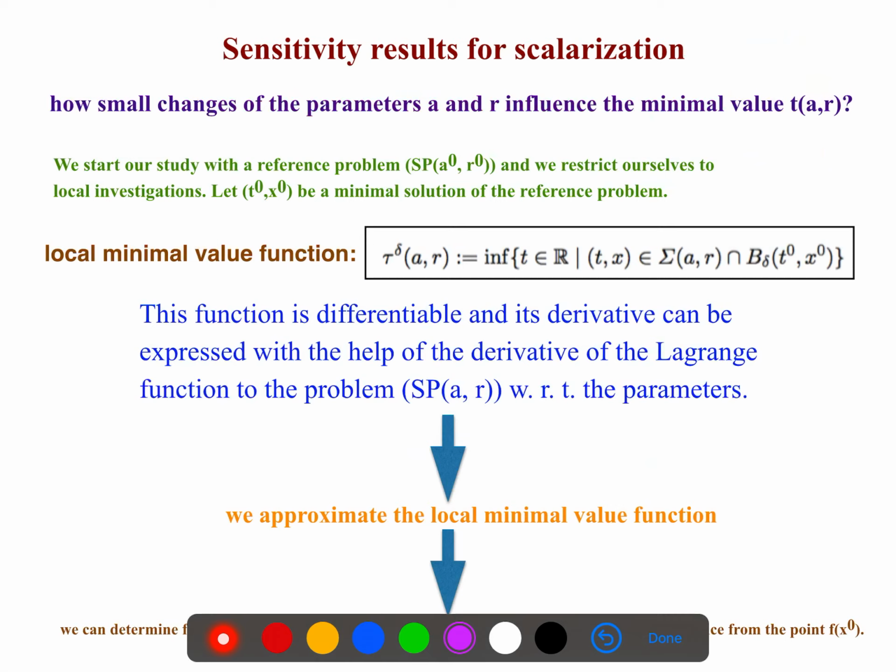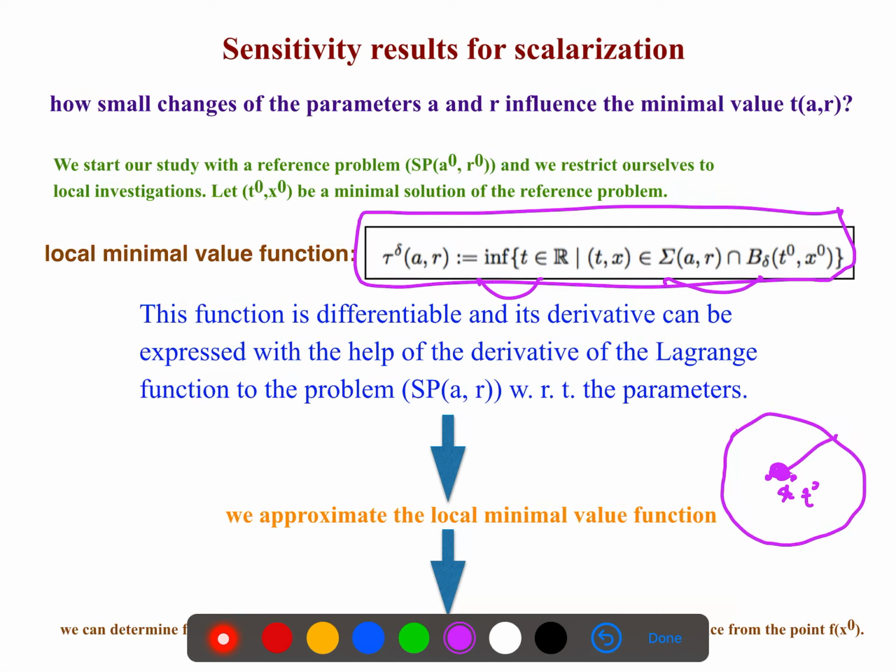To prove that, we try to prove some theorems that are needed. For example, the local minimum value function is defined as the infimum of all t such that it belongs to a ball. So if we found, for example, one point x bar, which is efficient, which is a minimal point, and corresponds to t0 as well, we want to make a ball around it with radius delta, to see in which direction we should go if we evaluate that on the objective space.